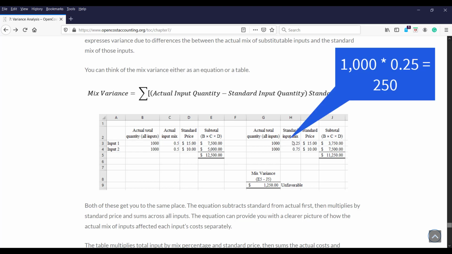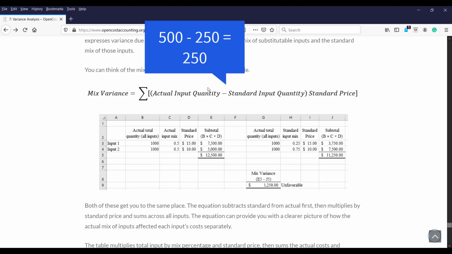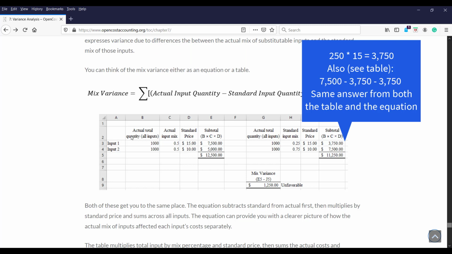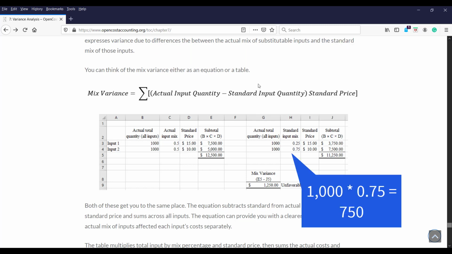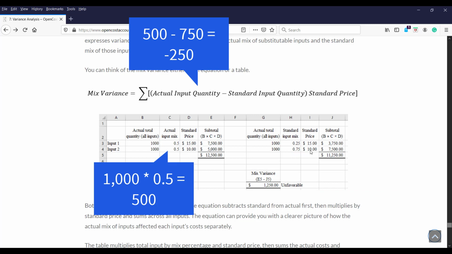You would expect 250 units of that input 1, when actually we got 500. We got 0.5 of 1,000. We got 500. So 250 times the standard price of $15 will be our component that is due to input 1. And input 2, we would expect to have 750, but we actually got 500. So we have negative 250 right here times the standard price of $10.